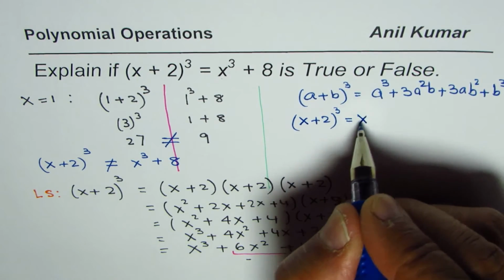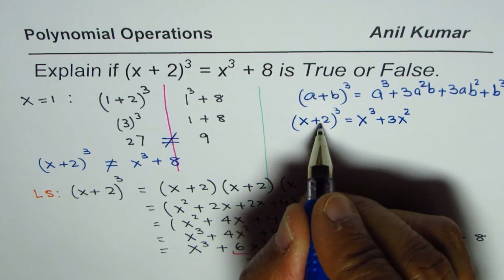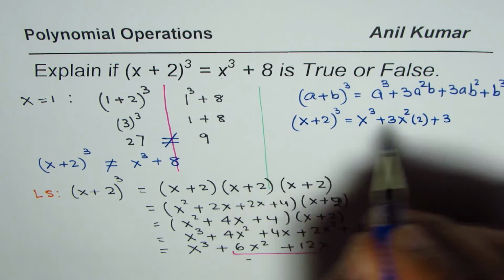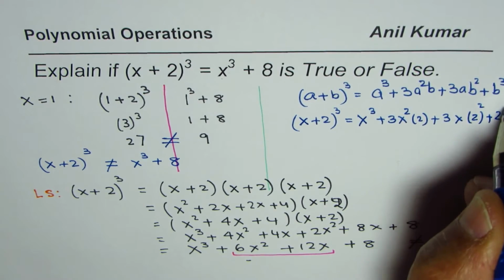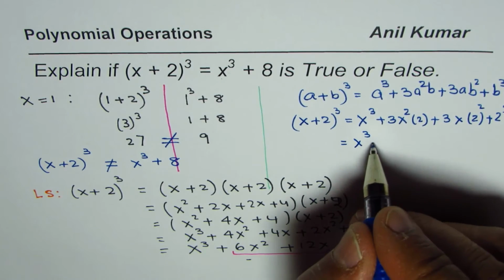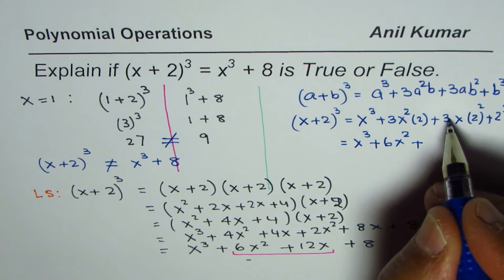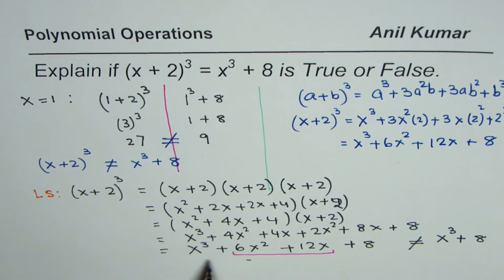Cube of x is x³ + 3 times x² times 2 + 3 times x times 2² + 2³, and that gives you x³. 2 times 3 is 6, 6x², plus 2 squared is 4, 4 times 3 is 12, 12x, plus 2 cubed is 8, right? So you get the same result, x³ + 6x² + 12x + 8.